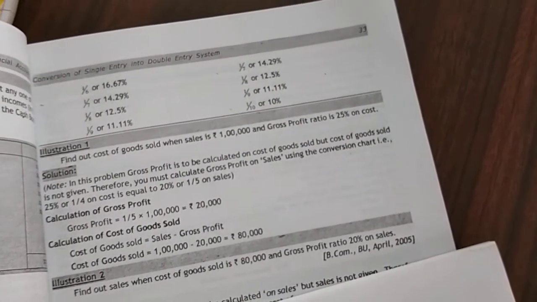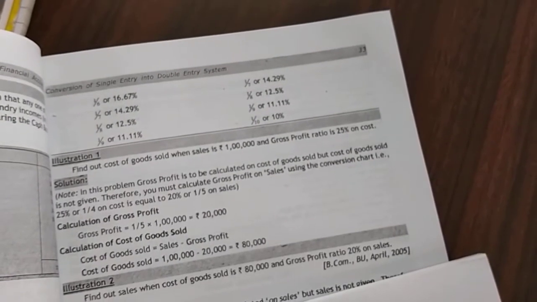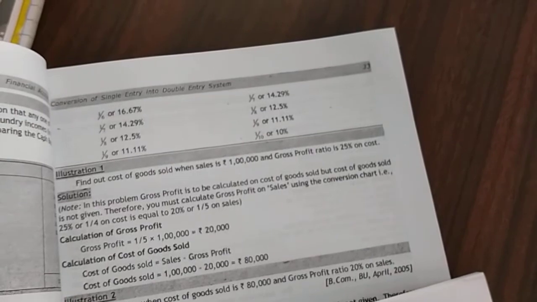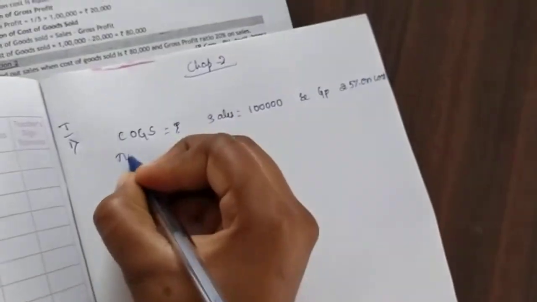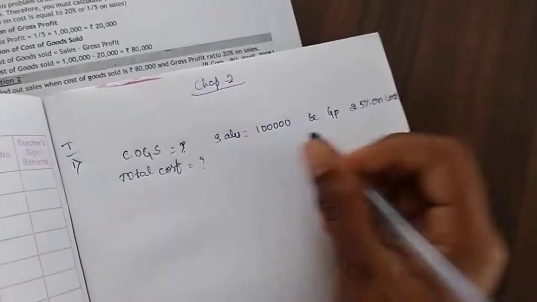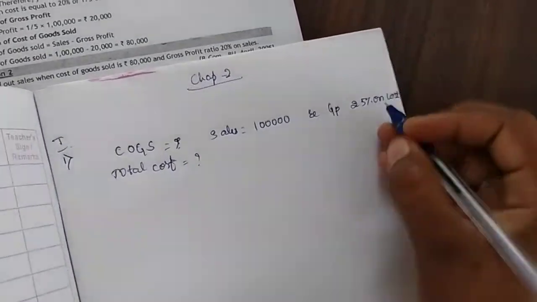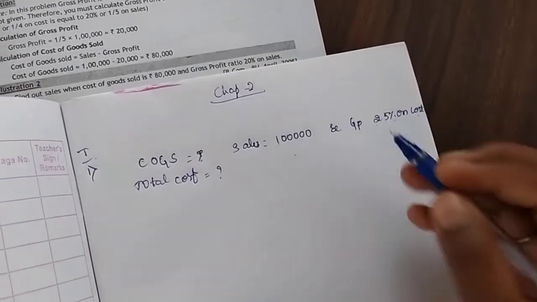Sales is given as 1 lakh and gross profit is given as 25% on cost. So here we have to find the cost of goods sold, meaning the total cost.